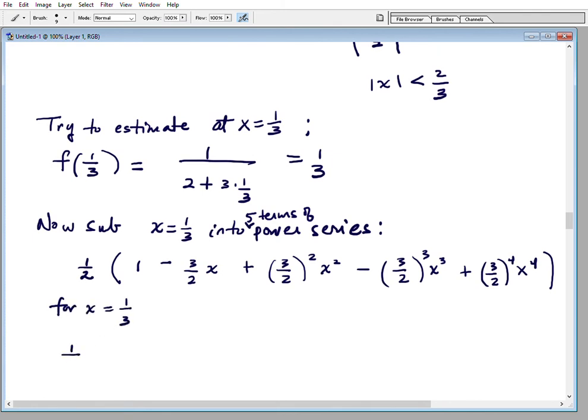So let's just do that. So here we have 3/2 times 1/3 plus, I'm just copying this over. Instead of x cubed, I'm putting 1 over 3 cubed.